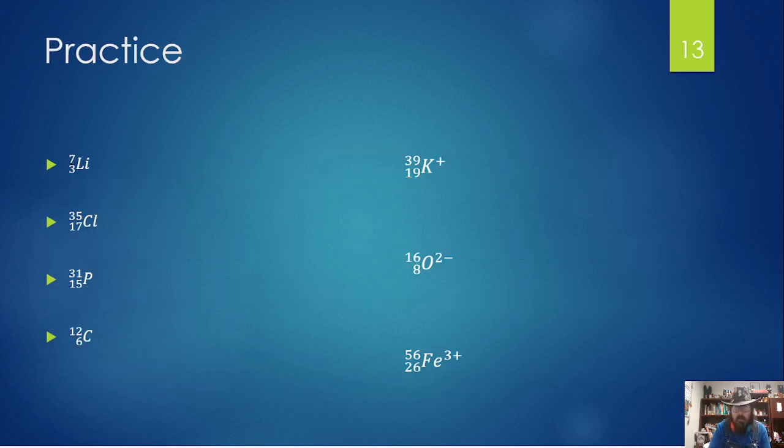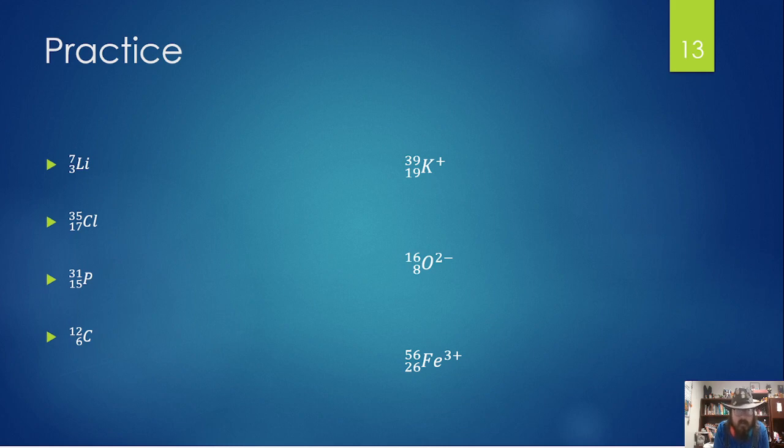So, we'll finish up with this practice problem. These first 4 molecules are all neutral. So that means they have the same number of protons as they do electrons. So lithium, number of protons is 3.